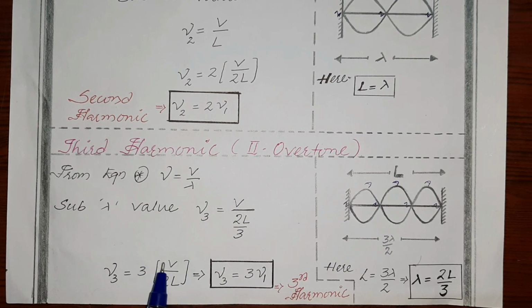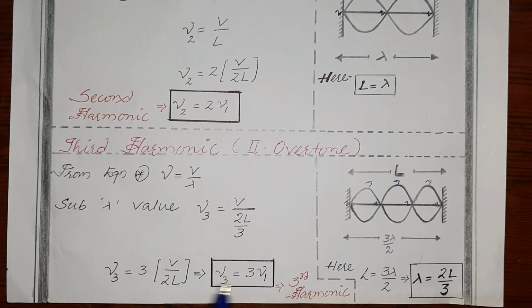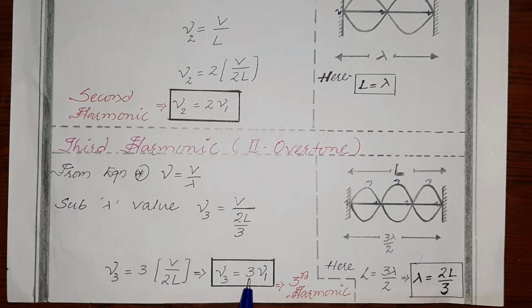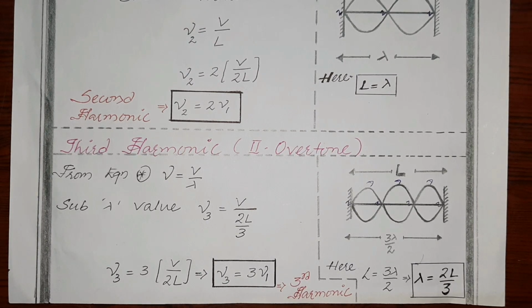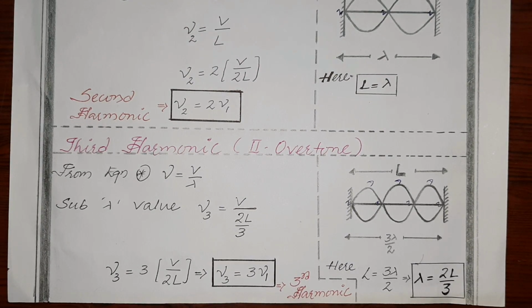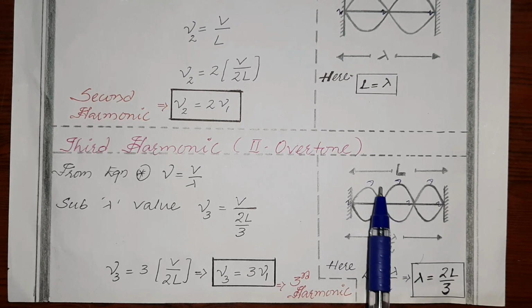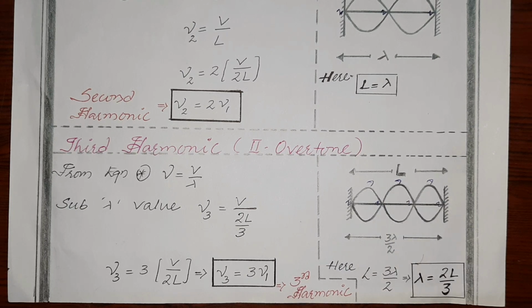And as we know, V by 2L can be replaced with nu 1 as this is the first harmonic. So nu 3 is equals to 3 times of nu 1, which explains that the third harmonic is 3 times more than the first harmonic. So in the third harmonic, the string vibrates with 3 loops, with 4 nodes and 3 antinodes. And this is the next possible frequency in case of stretched string.